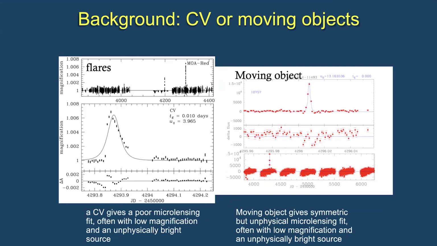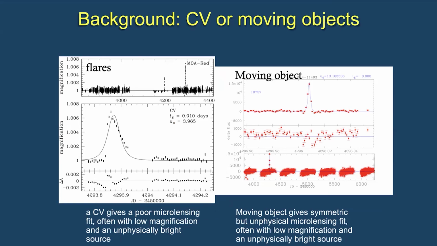The other, even more severe background is CVs or flare stars. Here is an example. They mostly have a fast rise and slow decline, and sometimes repeat. If we try to fit them with microlensing light curves, that gives us physical parameters, and by using that information we can remove these artifacts.